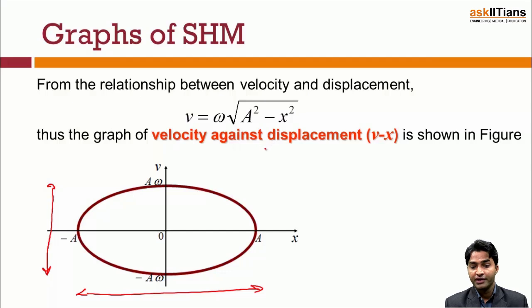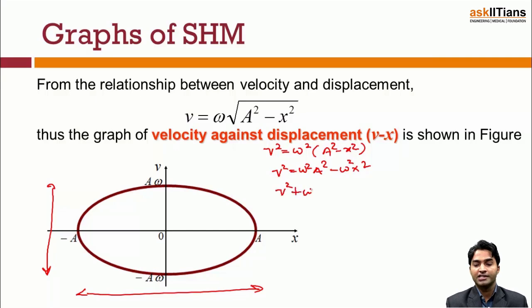On squaring both sides, we get v square equals omega square (a square minus x square), or v square equals omega square a square minus omega square x square. So v square plus omega square x square equals omega square a square, or v square upon omega square a square plus x square upon a square equals 1.